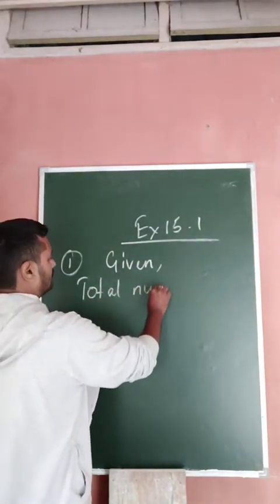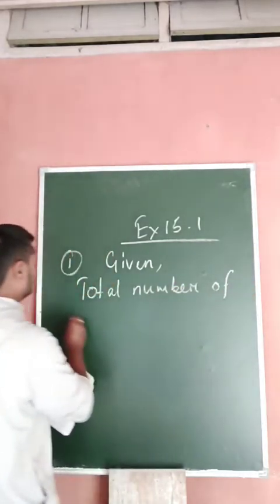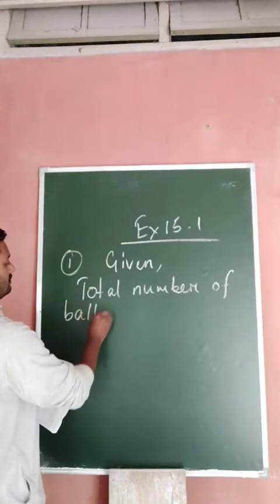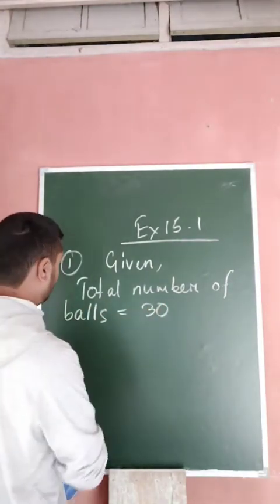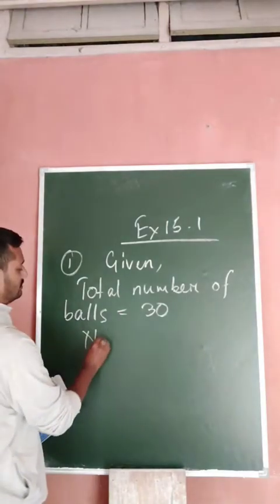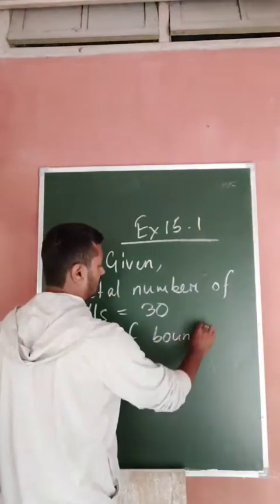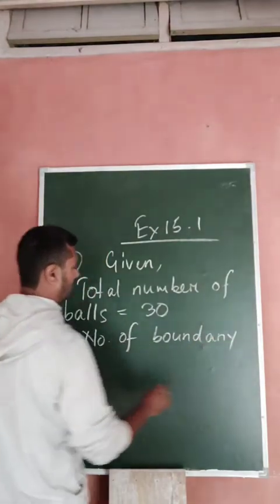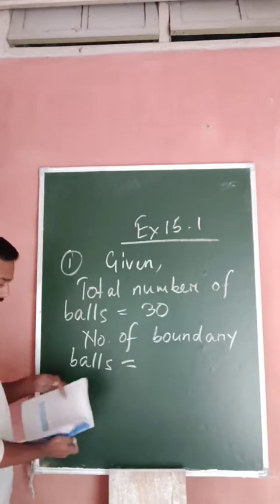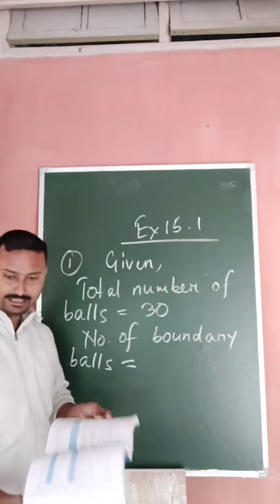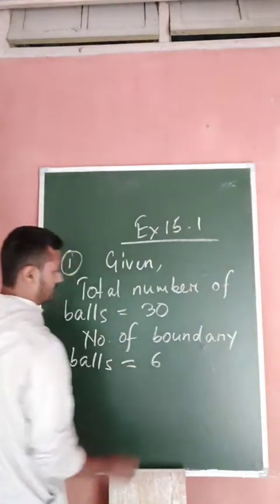So question number 1 is given. Total number of balls equals 30. The number of boundary balls is given as 6.